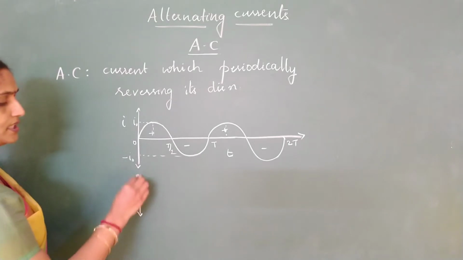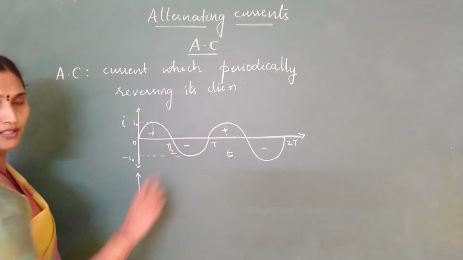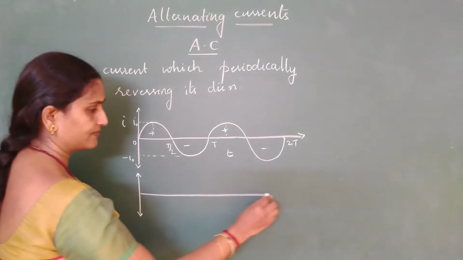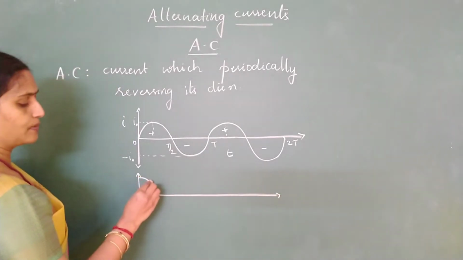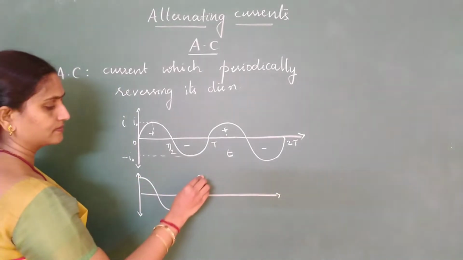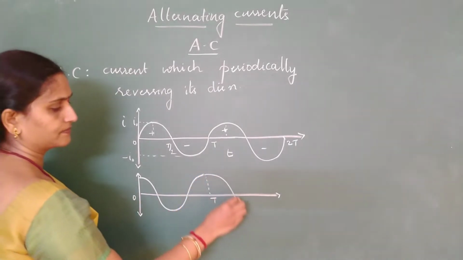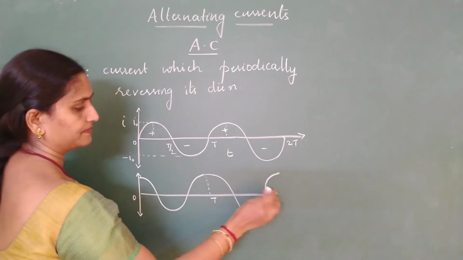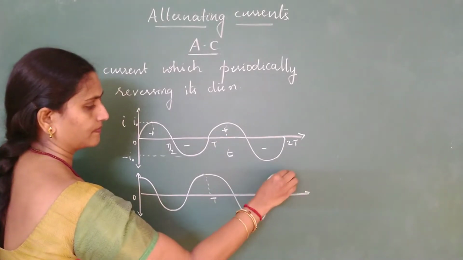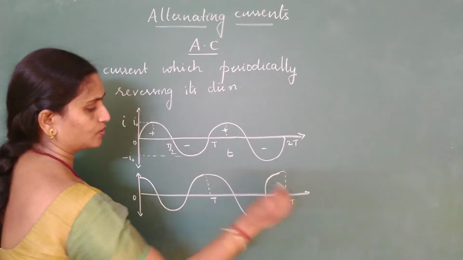Other forms of alternating currents I will show you. It is not necessary that it should always be a sinusoidal wave. It can be a cosine wave, which starts from a peak or highest value. This is one cycle, 0 to T, and one more cycle up to 2T.